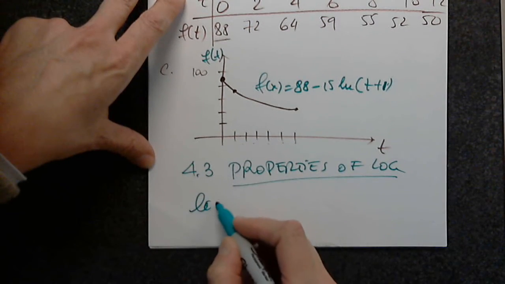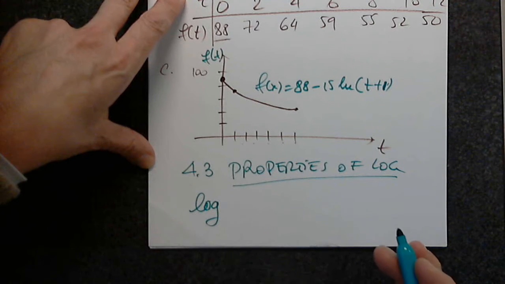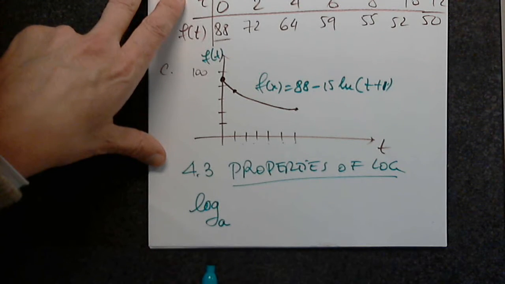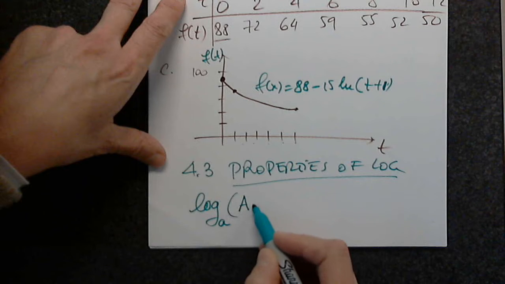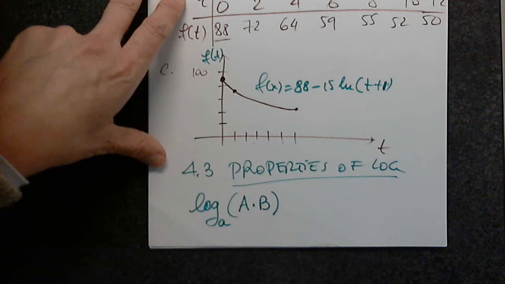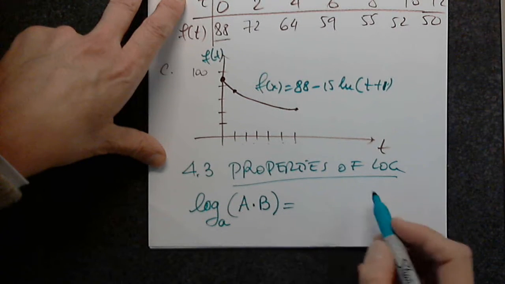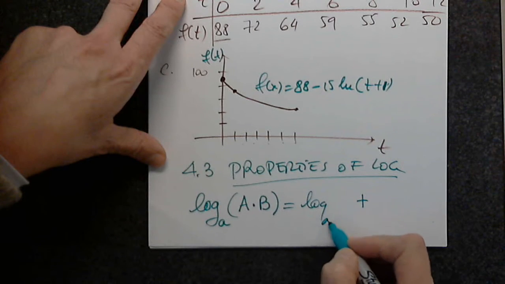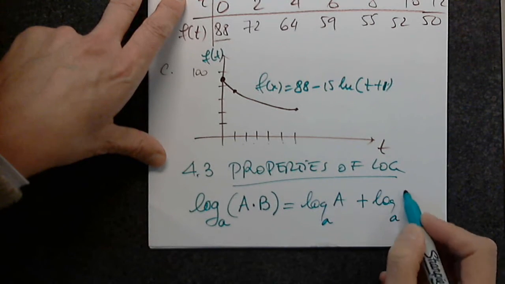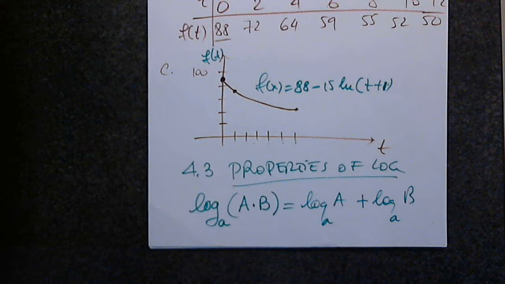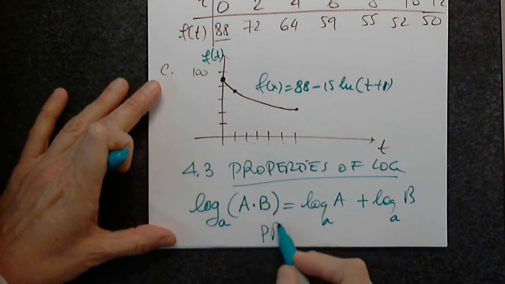So if we want to apply log in any base, or let's say base A, of a product of 2 different factors, then this is the same with the sum of the logs. So log of a product is the sum of logs. And I'll give an example in a moment. So this rule is called the product rule.